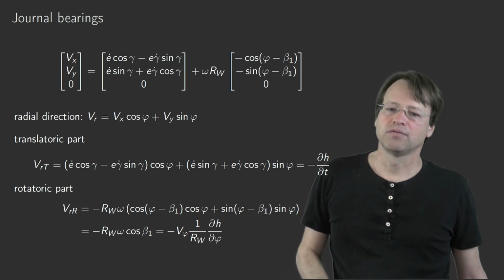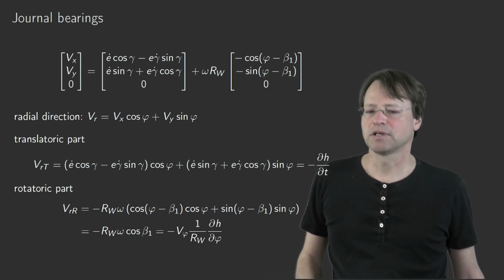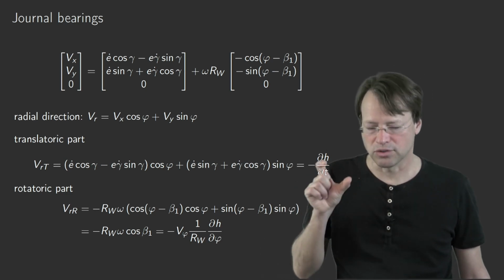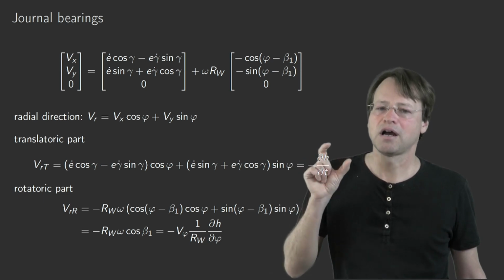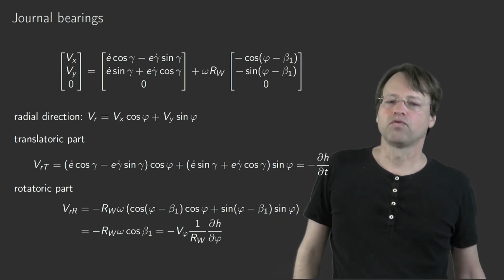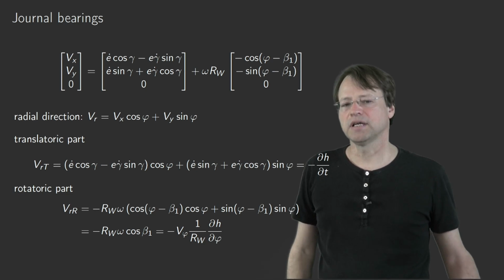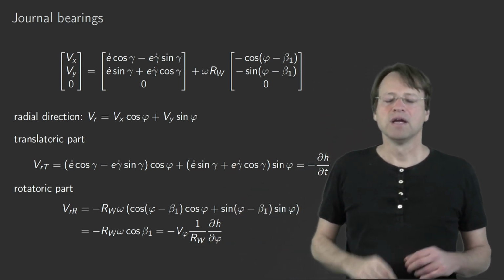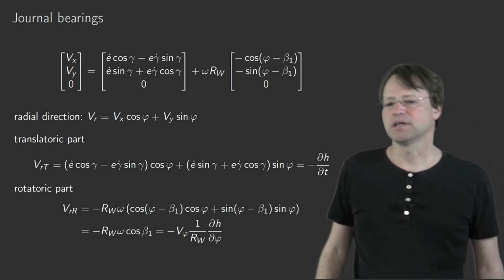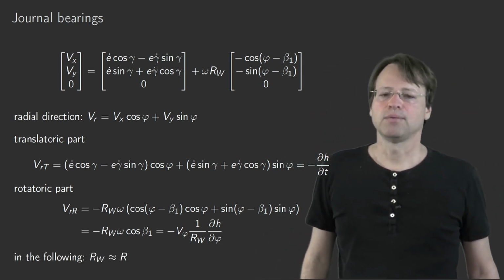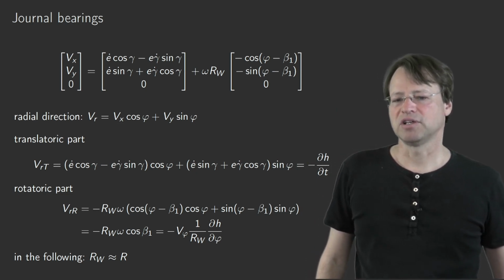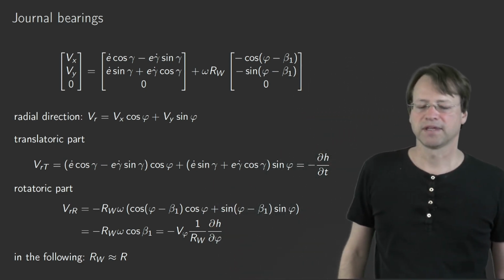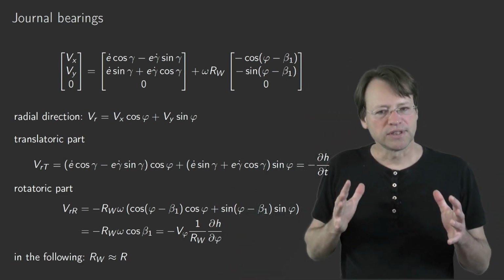Just a remark, in the following we will further simplify this expression and not make a difference between r sub w, the radius of the shaft, and the half inner diameter of the bearing housing, because the clearance is in general very, very small. So in the following, I will set r sub w approximately equal to r and drop the index w. Okay, now we have all the results.